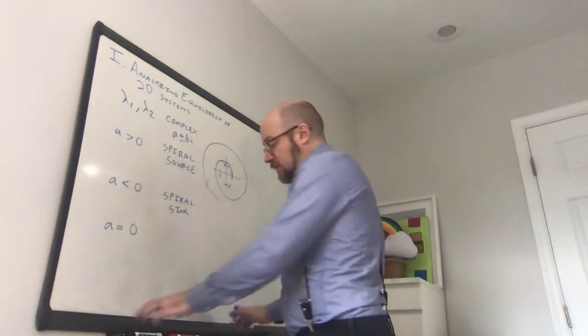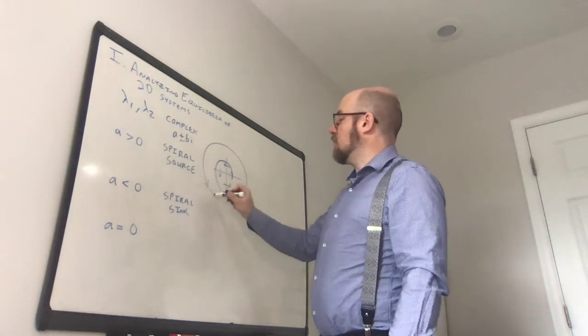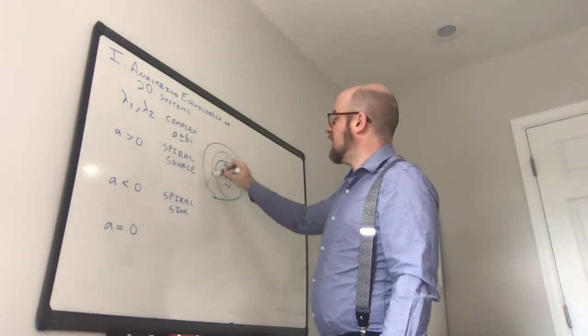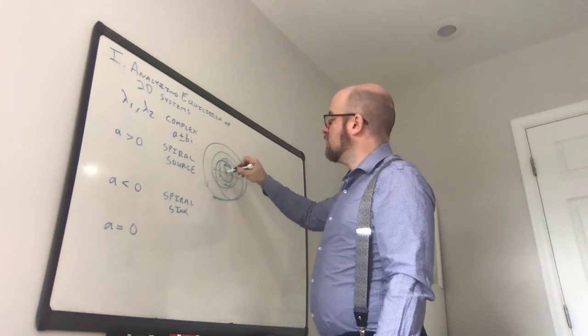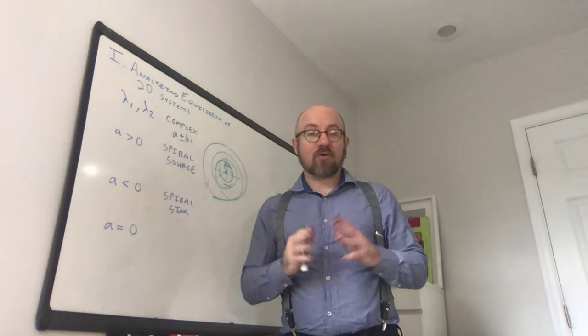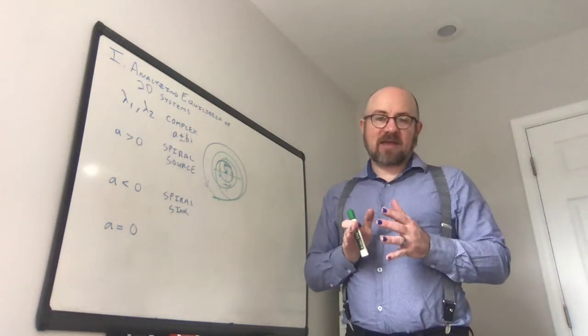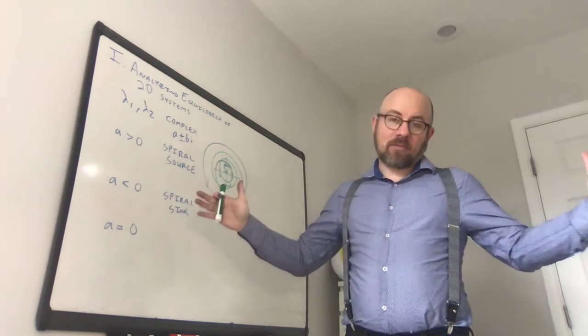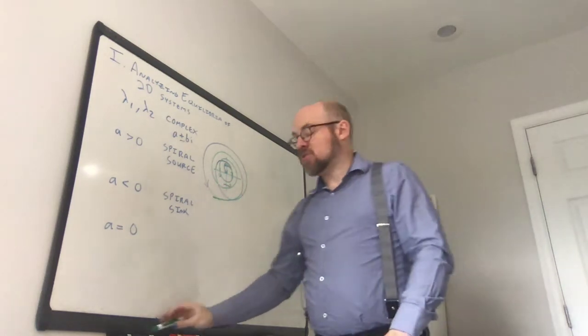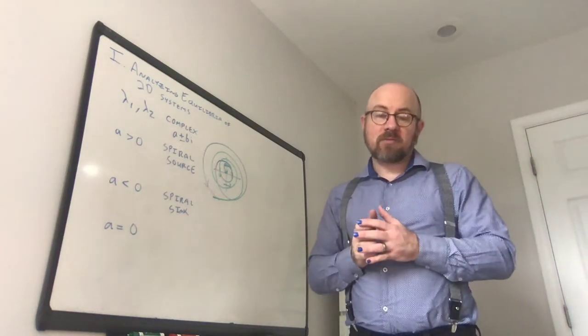You can't tell the difference from the nullclines, but what will happen in terms of behavior is that you sink in toward the equilibrium point rather than spiraling out away from it. Okay? So again, stable behavior in the case of a sink, unstable behavior in the case of a source.